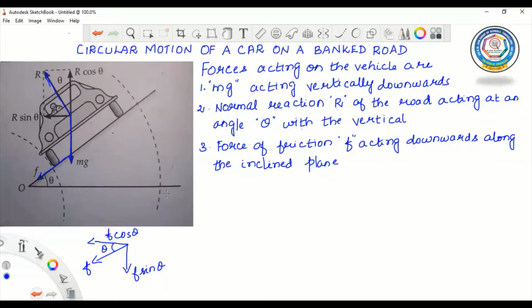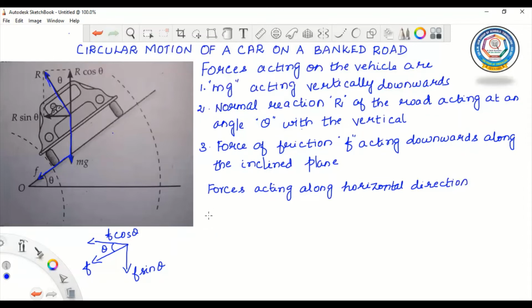Now, let us equate the forces acting along the horizontal and vertical directions respectively. First, forces acting along the horizontal direction. Look at these two diagrams.